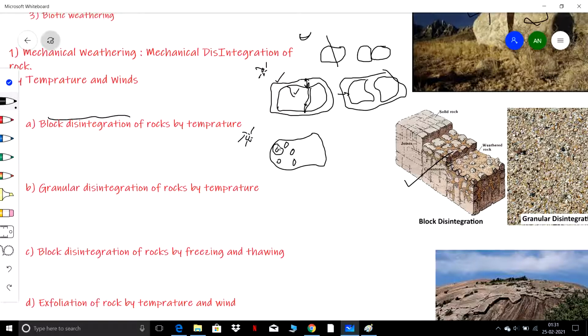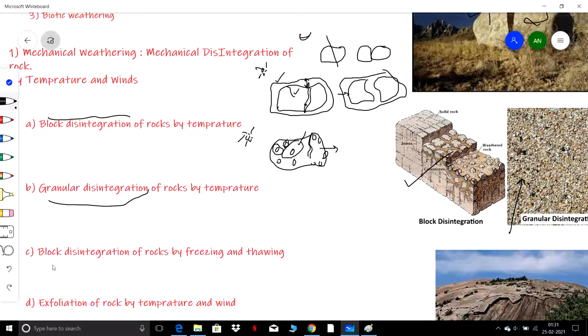This irregular expansion leads to the development of cracks in the rock, which over a period of time disintegrates into smaller grains. As shown in this diagram, small grains disintegrate and fall down, hence granular disintegration.